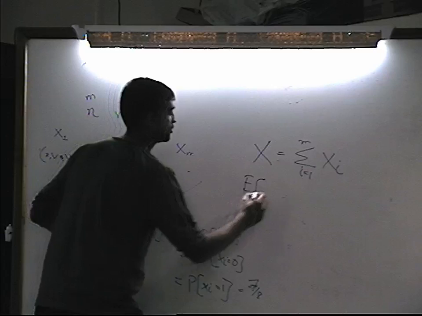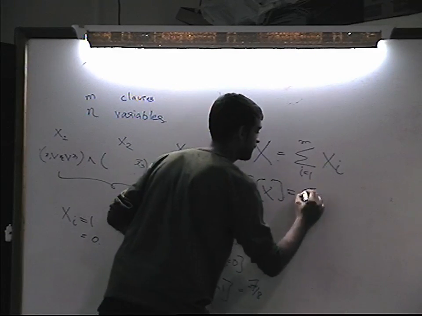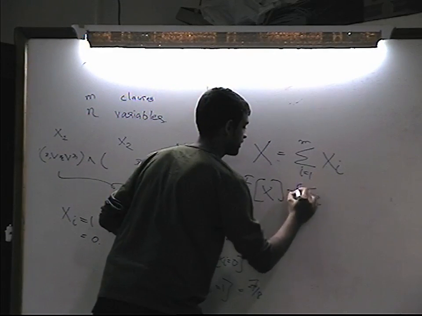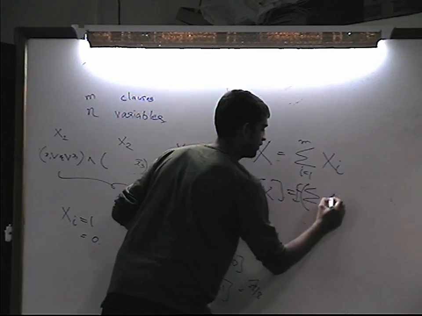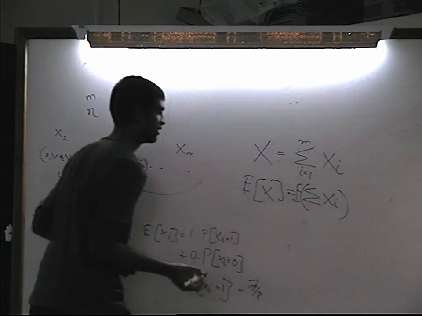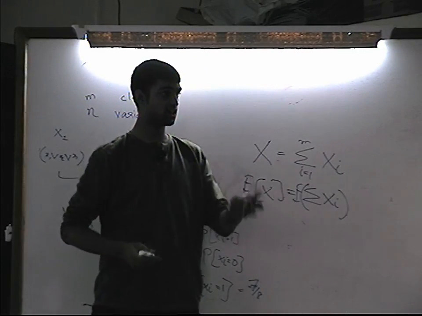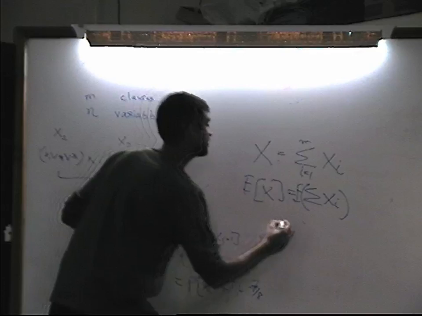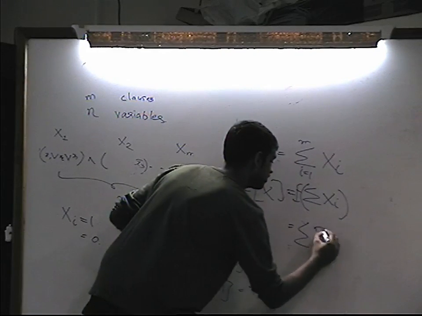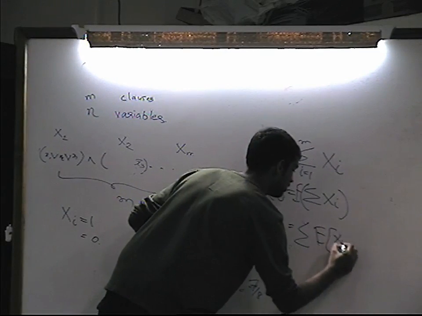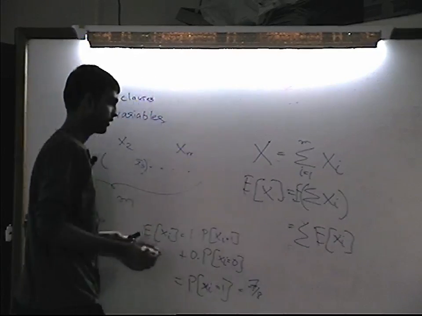So this would be the expectation of x. Now we'll go back to whatever we saw in the previous slide, the linearity of expectation, and we see that this would be, fine.